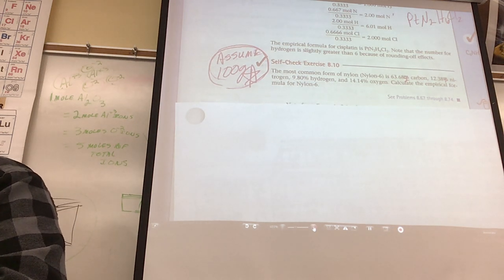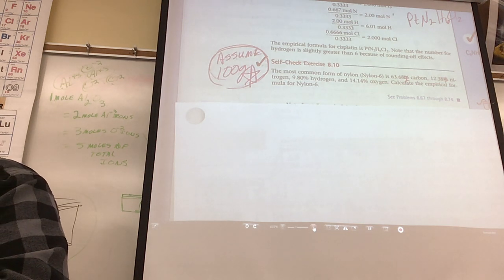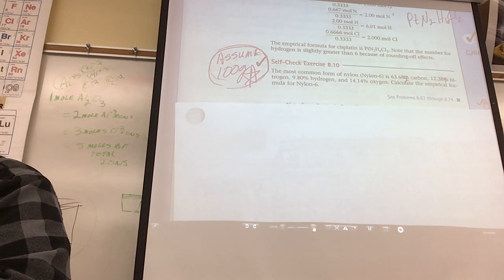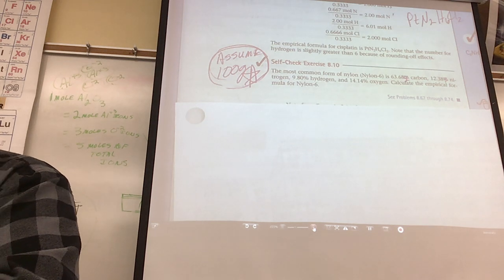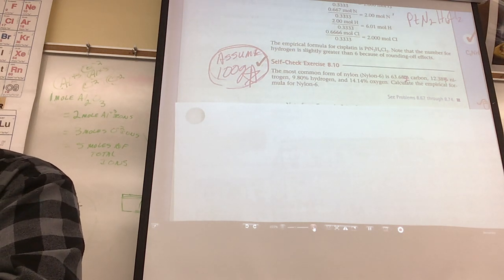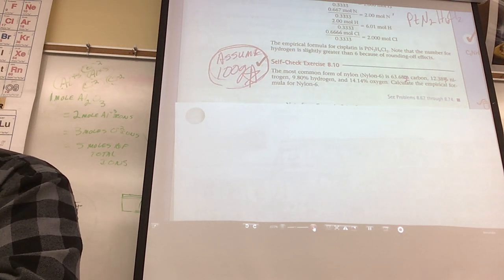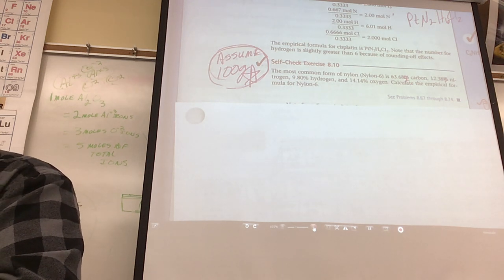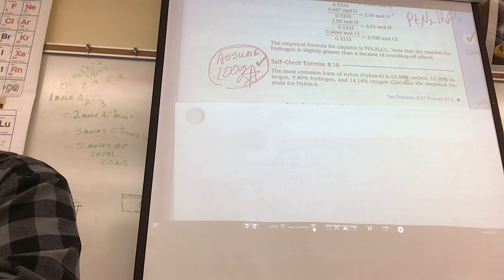And it's 63.68% carbon, 12.38% nitrogen, 9.8% hydrogen, and 14.14% oxygen. Calculate the empirical formula. Now, you've never seen this before, okay? So let me show you a little trick on this one. Do we know how many grams there are? No, we don't.